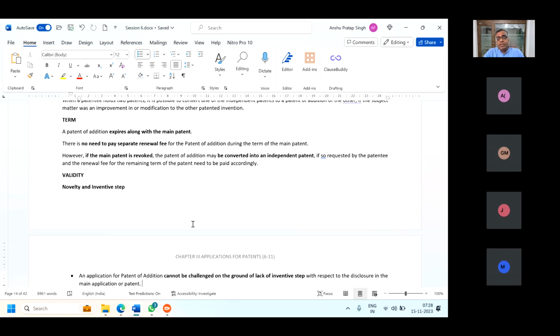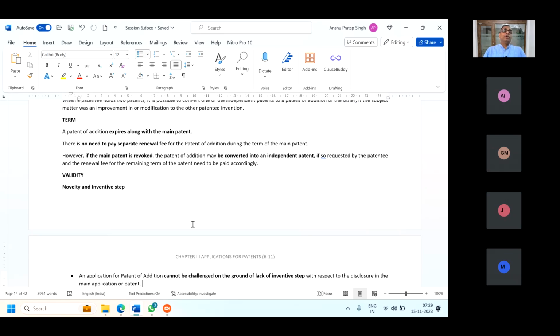However, suppose the main patent is revoked. If the main patent is revoked, the patent of addition may be converted into an independent patent, if so requested by the patentee, and the renewal fee for the same could be paid accordingly. So there is only one condition, that is when the main patent is getting revoked, the patent of addition can survive on its own.